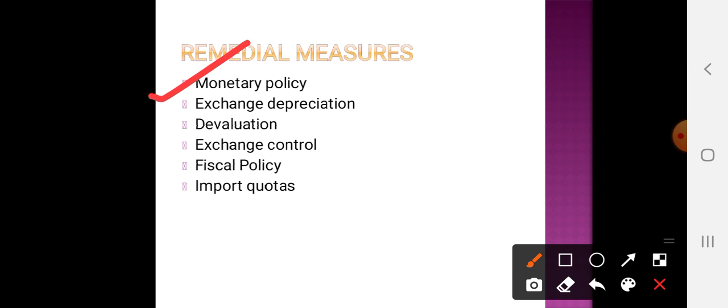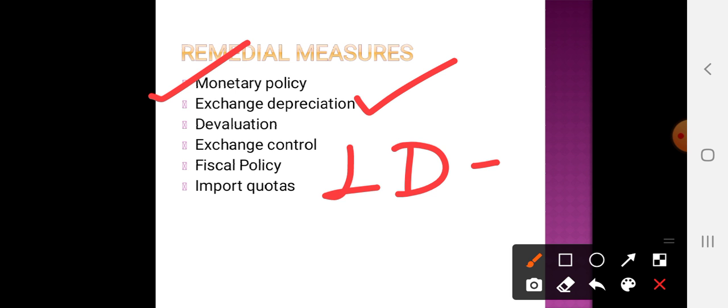Next is exchange depreciation. What does it mean? Exchange depreciation means a decline in the rate of exchange of one country in terms of another. It differs from country to country at what rate we are exchanging money. Right now $1 is approximately 74.76 rupees, you can see.